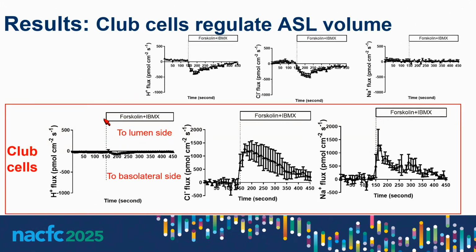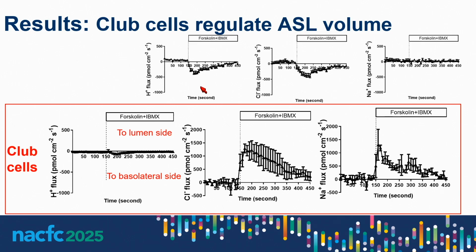We also measured the ion transport properties from club cells in the distal airway. It shows a totally different story. After forskolin and IBMX stimulation, there's a huge chloride and sodium transport from the basolateral side to the lumen side. And there's little pH change through the club cell.